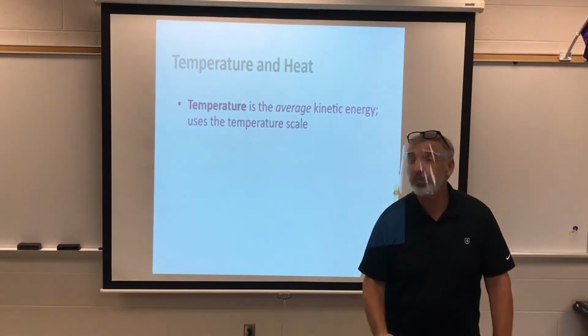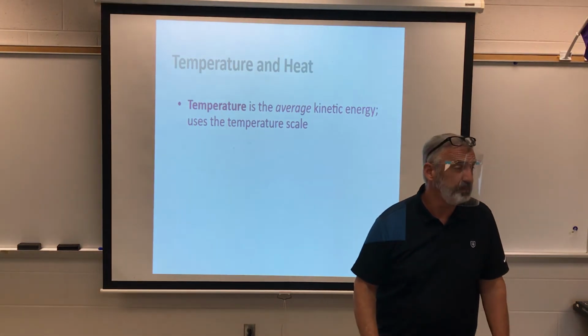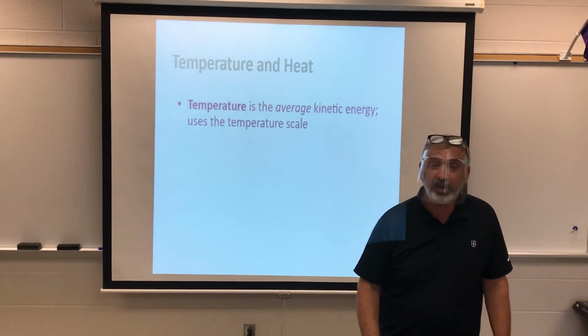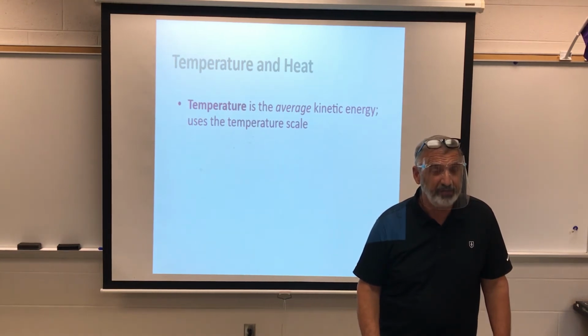There is an equivalent absolute scale on the Fahrenheit scale that most people don't know. It's called the Rankine scale, R-A-N-K-I-N-E. And absolute zero on that is negative 459.54. So on the Fahrenheit scale, absolute zero is negative 459.54.